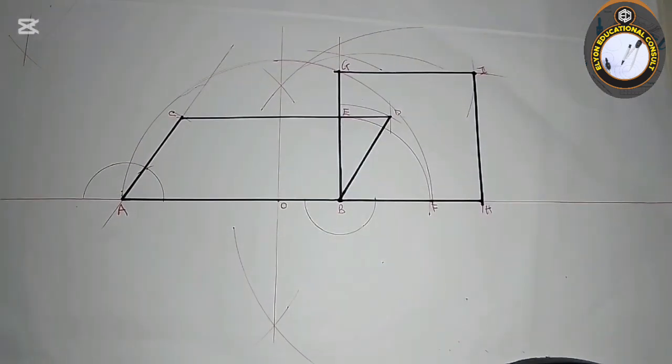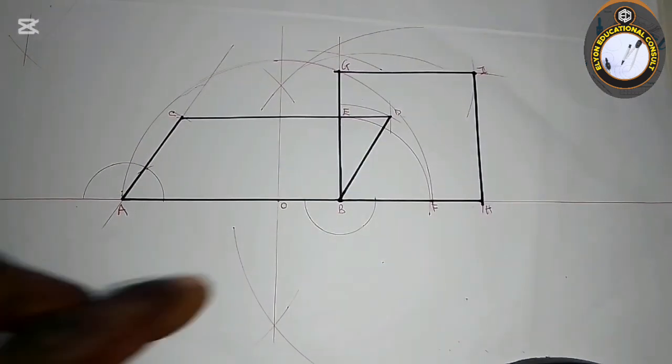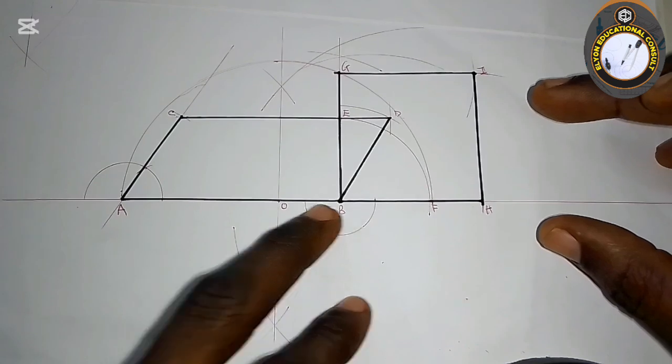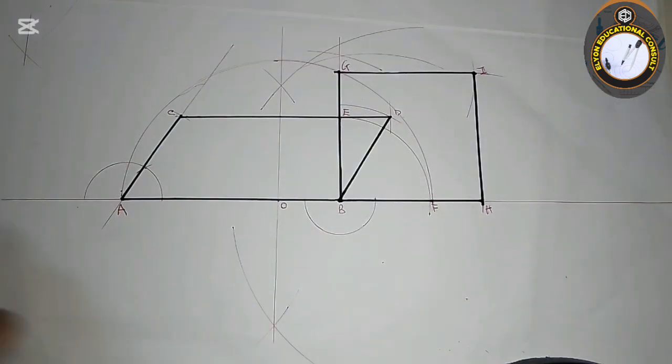With this, we've been able to draw a square that has equal area to the parallelogram. This is the procedure for going about that.